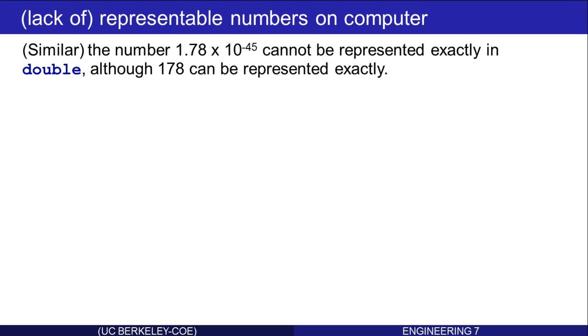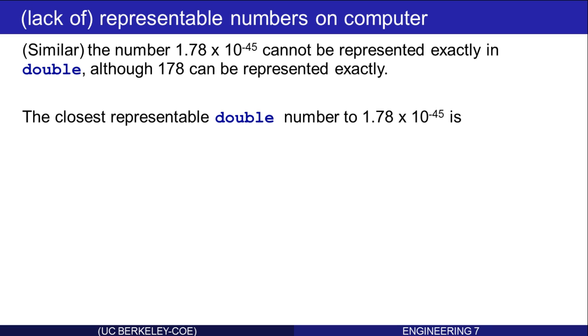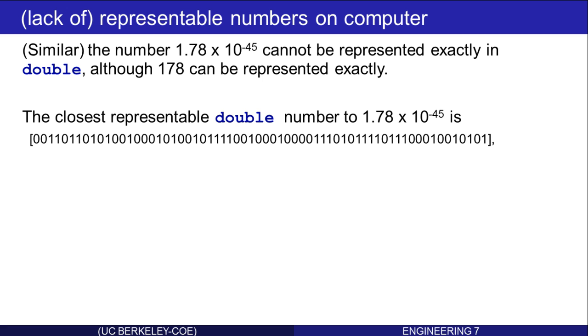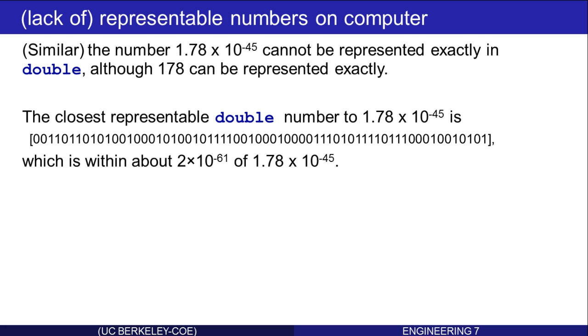Similarly, for instance, the number 1.78 times 10 to the negative 45th can't be represented exactly in double either, although 178 can be represented. So in this particular example, shifting the decimal in the base 10 representation by 47 places results in a representable number. In any case, the closest representable double to 1.78 times 10 to the negative 45th has a bit pattern like this and is within about 2 times 10 to the negative 61 of 1.78.